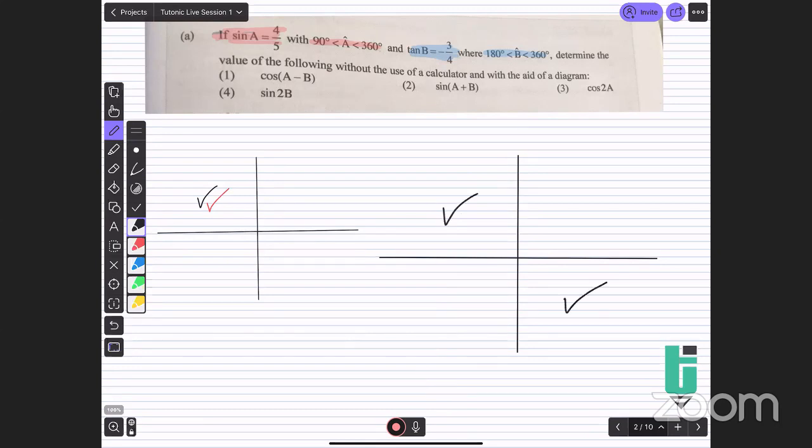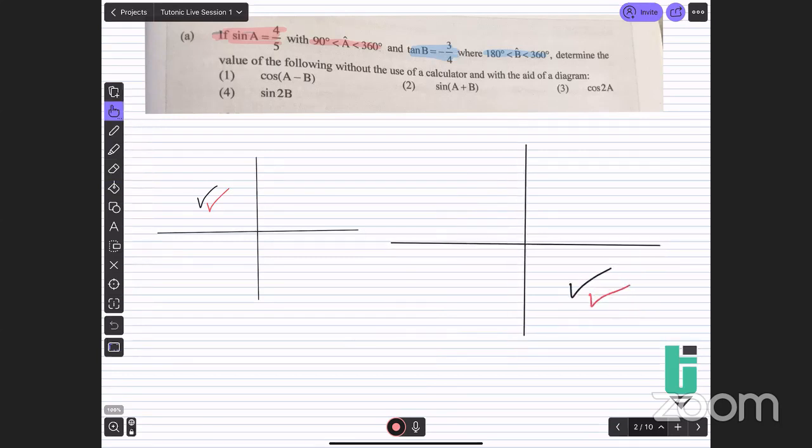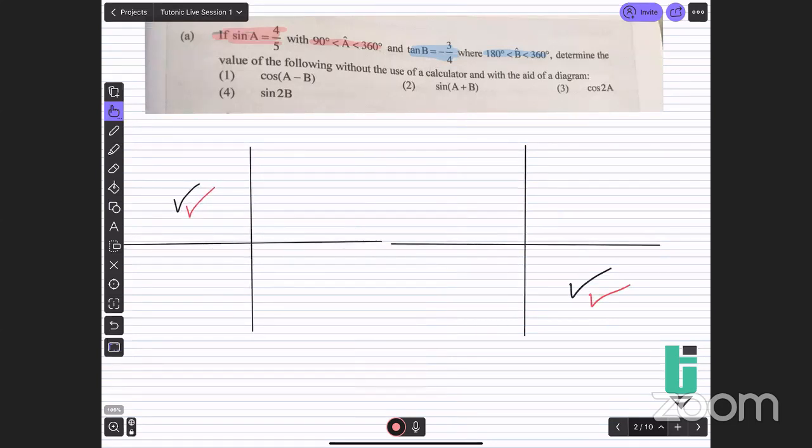And then they say that B is between 180 and 360, which is third and fourth. Yes. So therefore, which quadrant? Fourth quadrant. Okay. Does everybody understand that? Yes. Great.